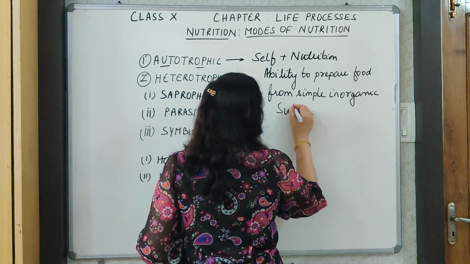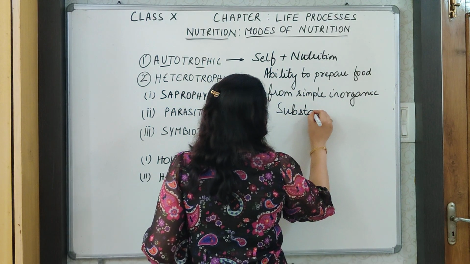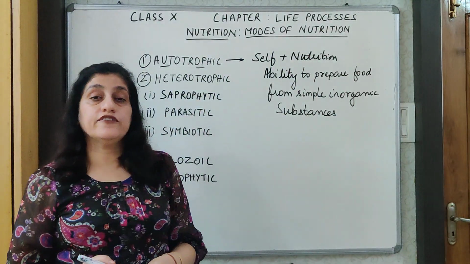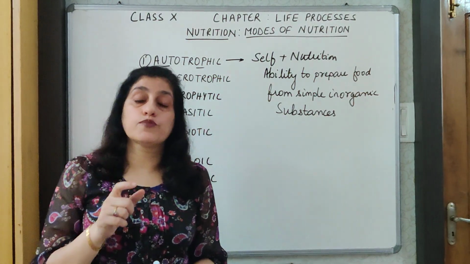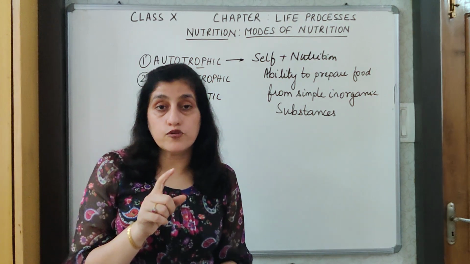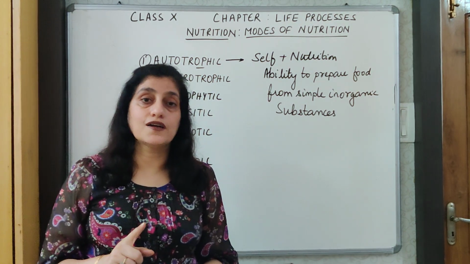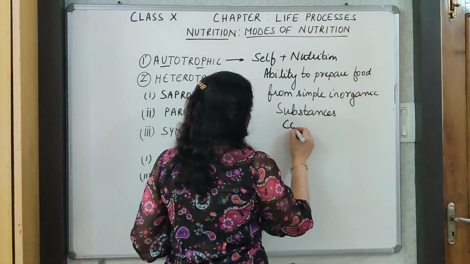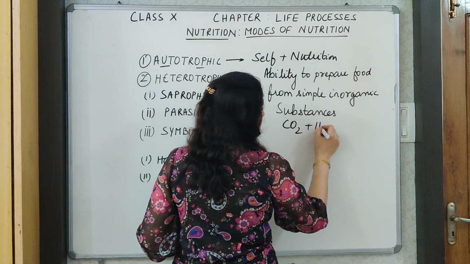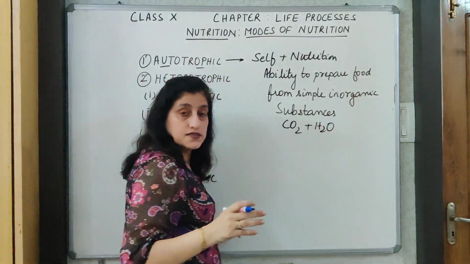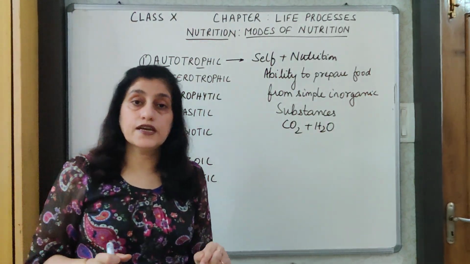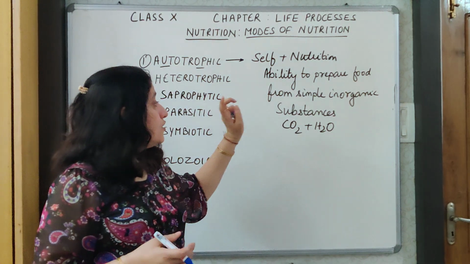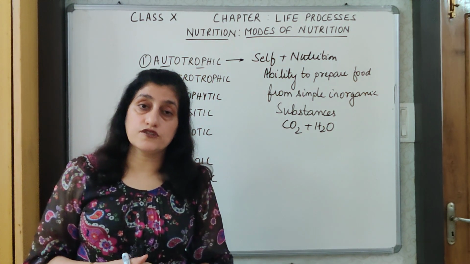If I connect you to photosynthesis, which you study in the lower classes, how do we define photosynthesis? It is the process of making food by the green plants with the help of carbon dioxide, water and minerals. Carbon dioxide, water and minerals together combined by the process of photosynthesis to manufacture food.